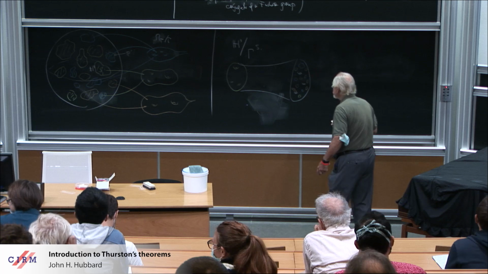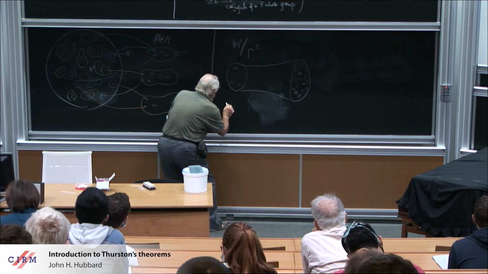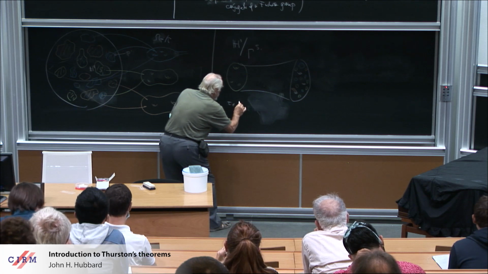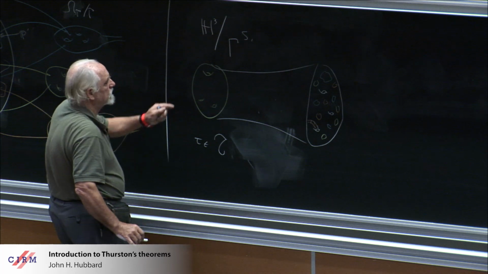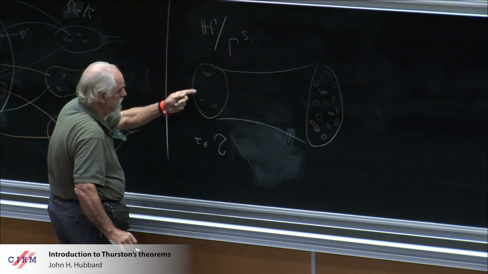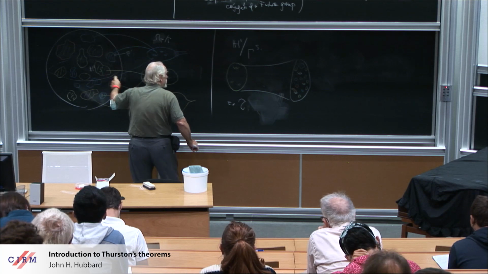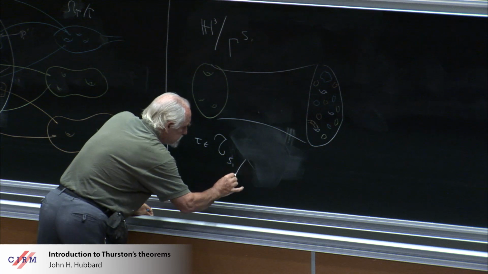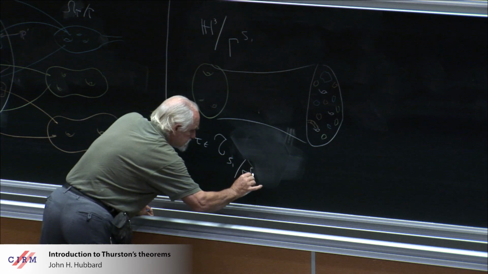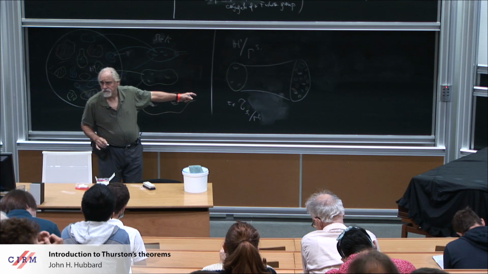Now, supposing that I take a point tau in Teichmüller space of this particular spot. That's a finite dimensional Teichmüller space.